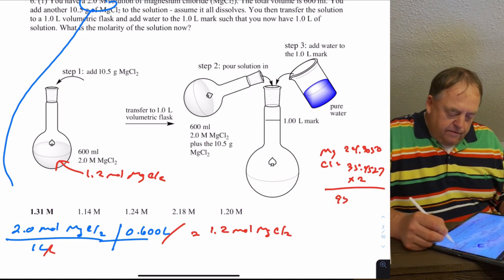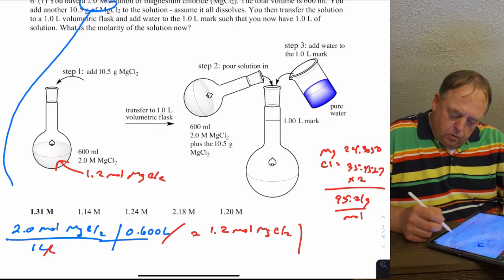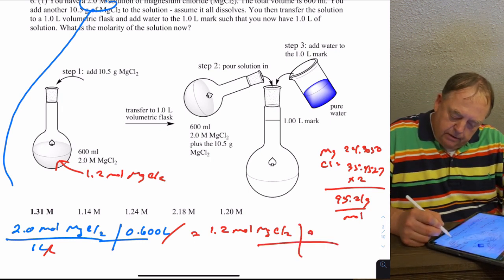Okay, so that's 95.21 grams per mole. So let's convert this mole here to grams. So 95.21 grams in 1 mole.